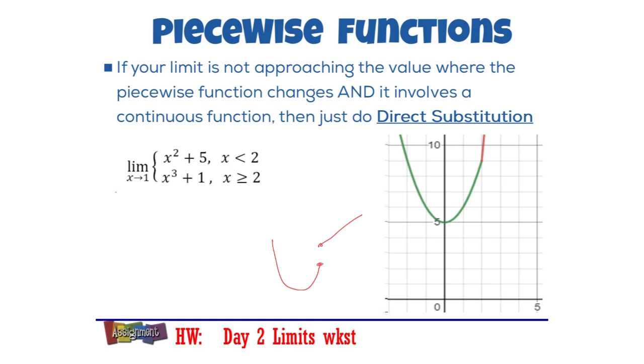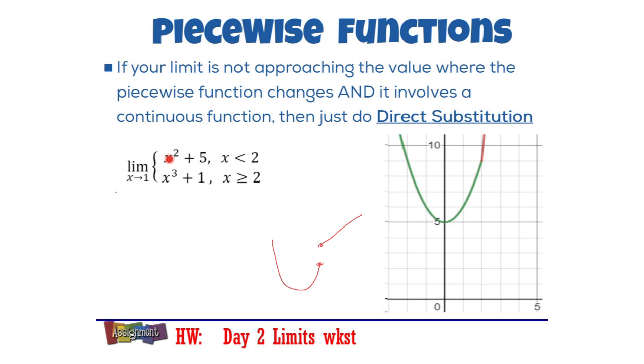Okay, now, again, this particular slide is really about how you approach it if you're approaching a number that is not the special point where they swap functions. If that's the case, then you only plug it into the appropriate function. So if I want to plug in 1, well, since 1 is less than 2, I want to be using this top function, not this one down here.